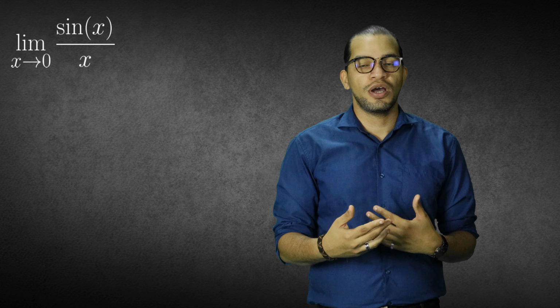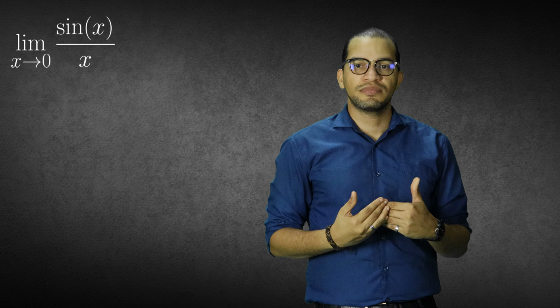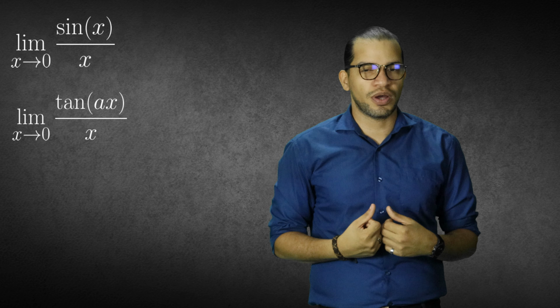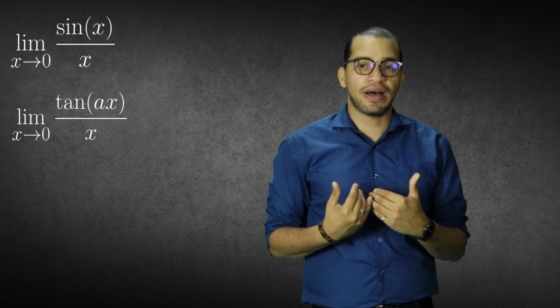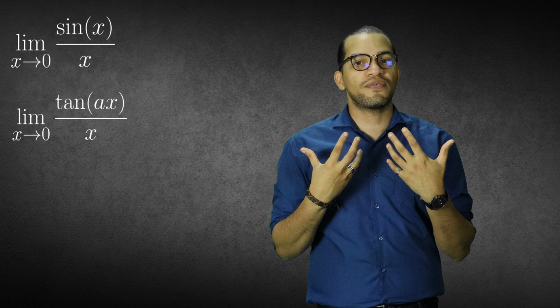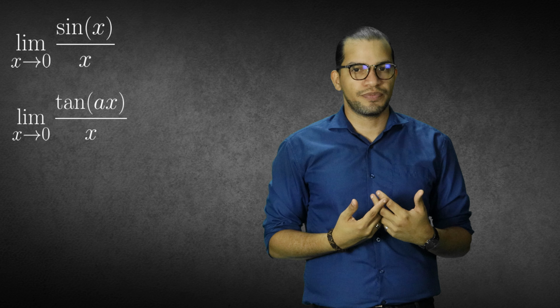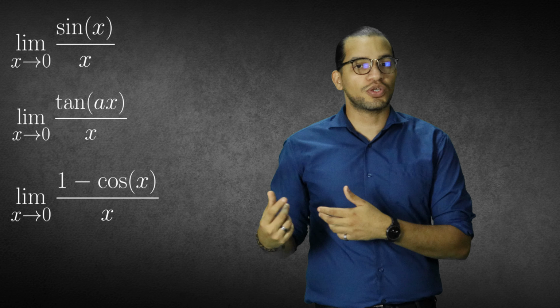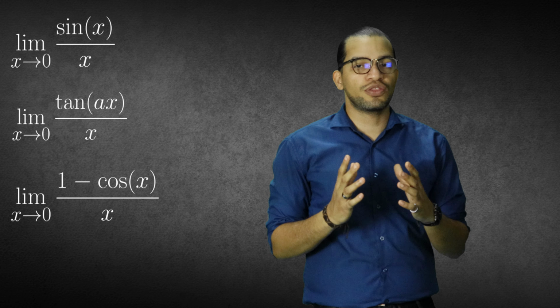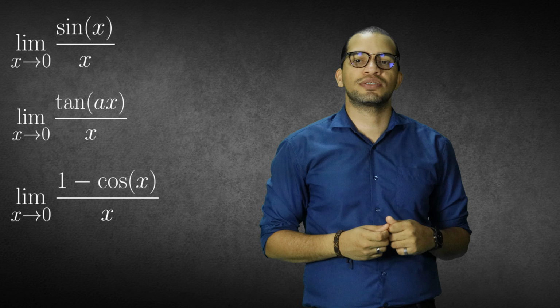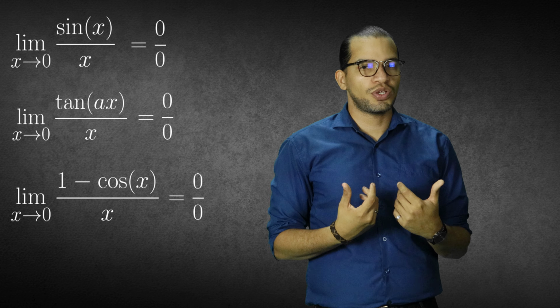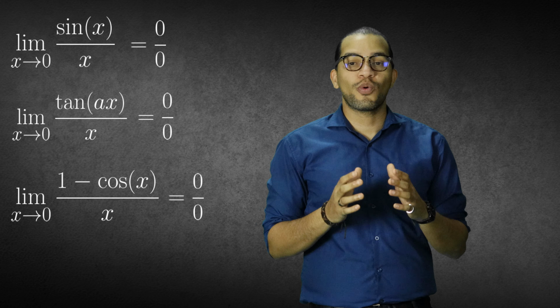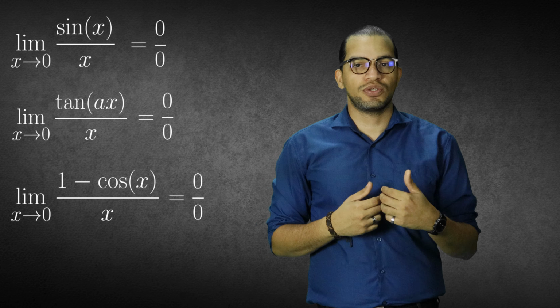For example, if I consider the limit when x goes to 0 of sine of x divided by x, or the limit when x goes to 0 of tangent of ax divided by x for a value of a different than 0, or the limit when x goes to 0 of 1 minus cosine of x divided by x, in those cases, I get the indeterminate form 0 over 0. So we have a problem, Houston. We have to see what we can do for solving those limits.